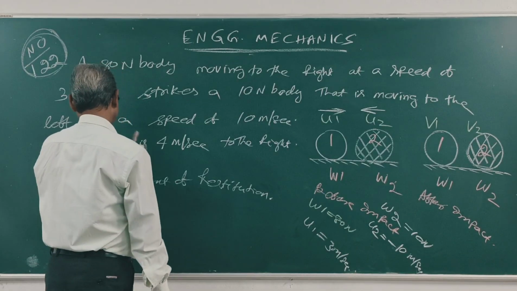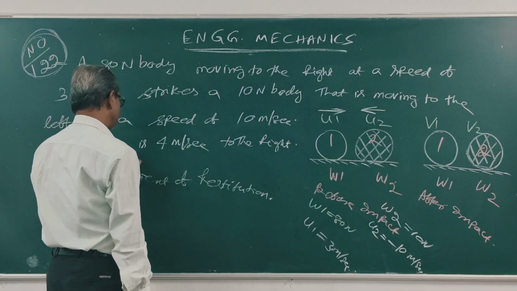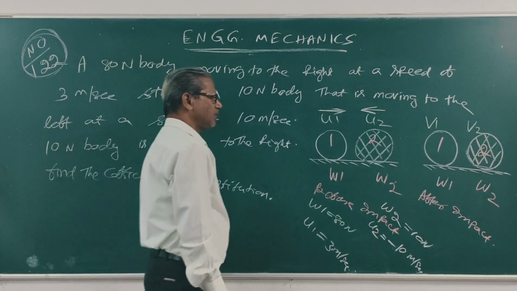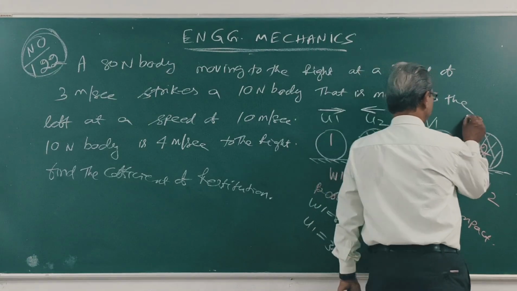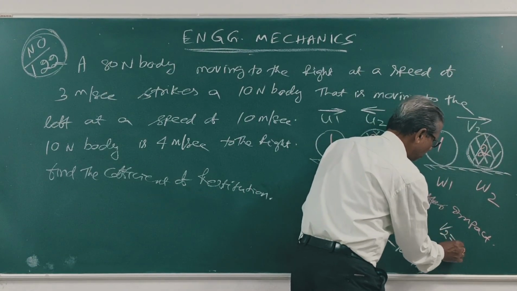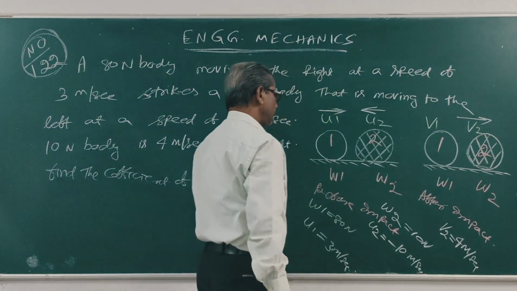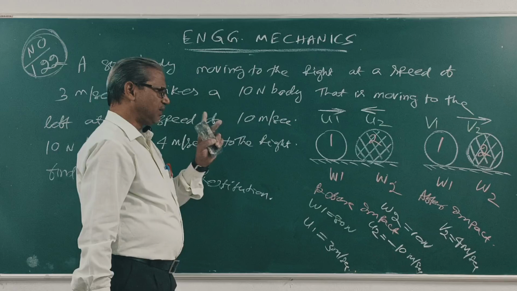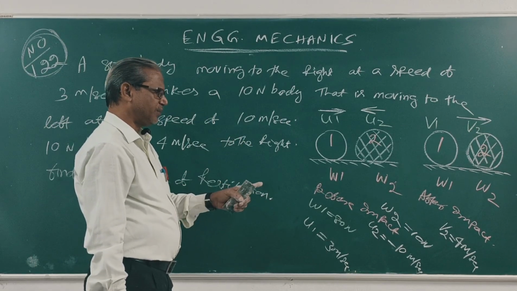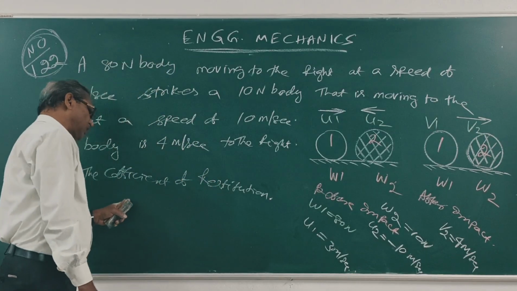The final velocity of the 10 Newton body is 4 meter per second to the right. This is V2 to the right. What is V2 equal to? 4 meter per second. Clear? Find the final velocity of the 8 Newton body, meaning V1, and find the coefficient of restitution E. Clear?